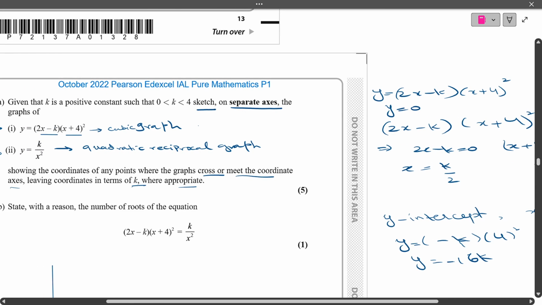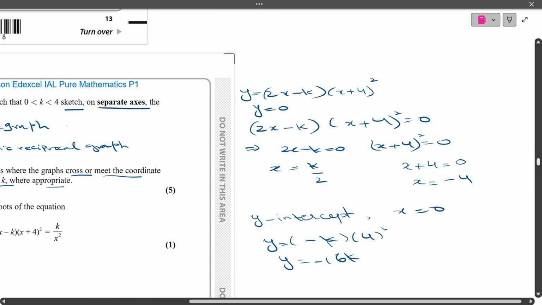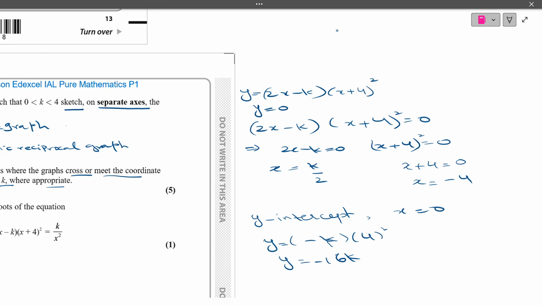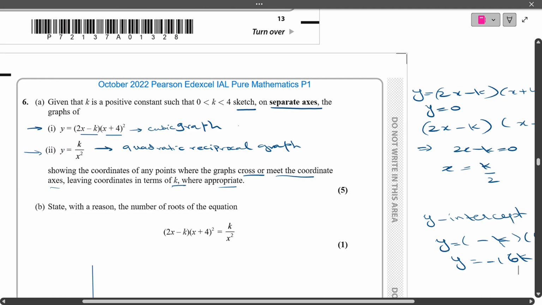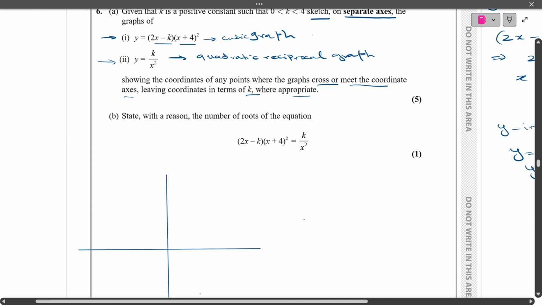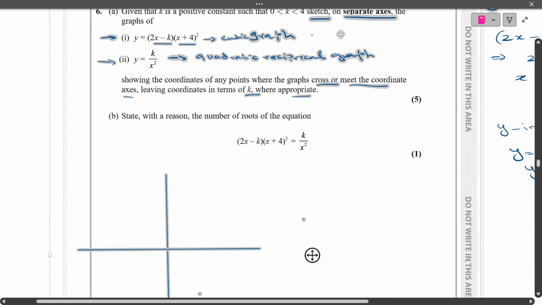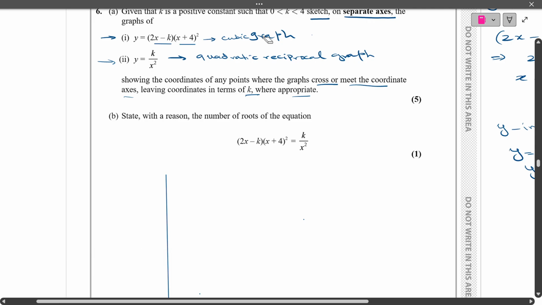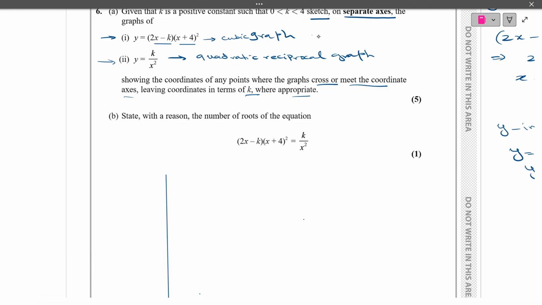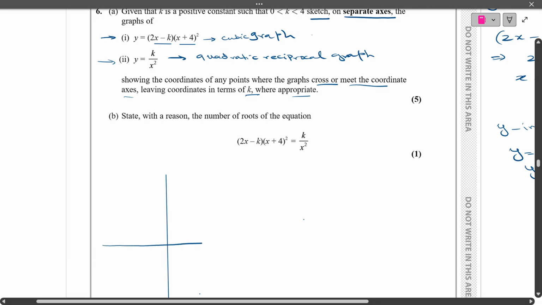Now it's time to sketch it. Before sketching, we need to remember that this is a cubic graph, and in a cubic graph, if any root is repeated, the curve does not cross the x-axis. Okay, let's see how we will draw a cubic graph. Let's draw a straight line here.